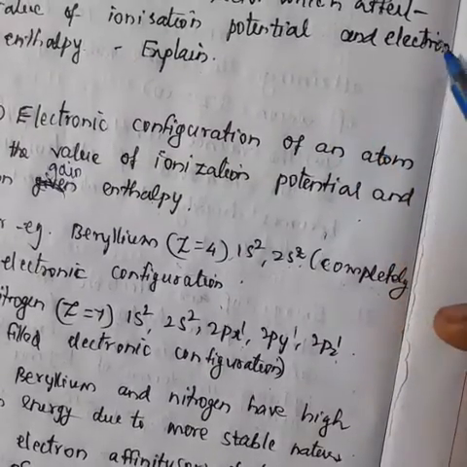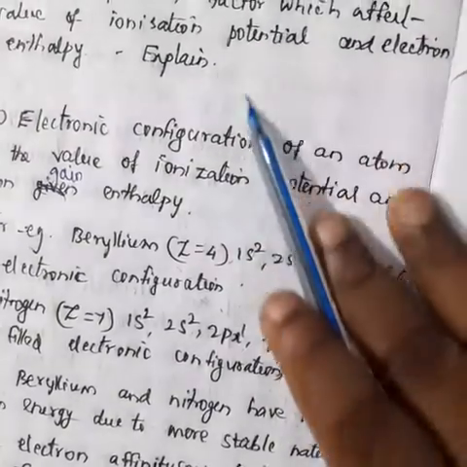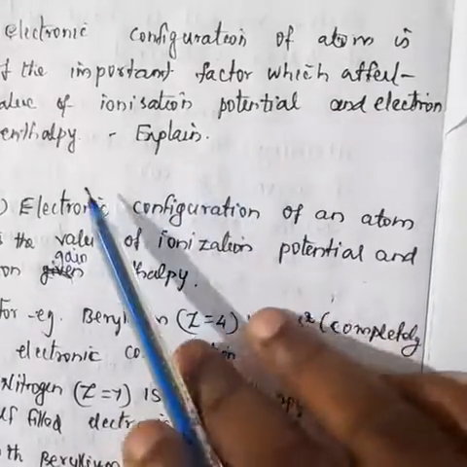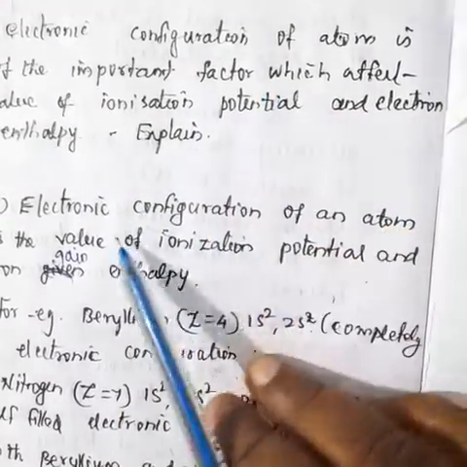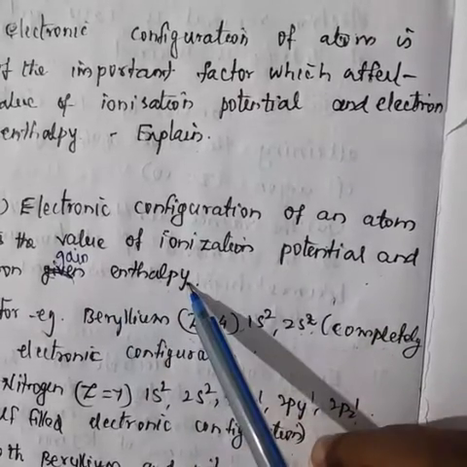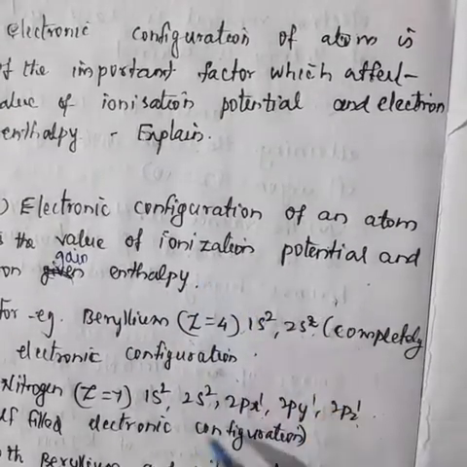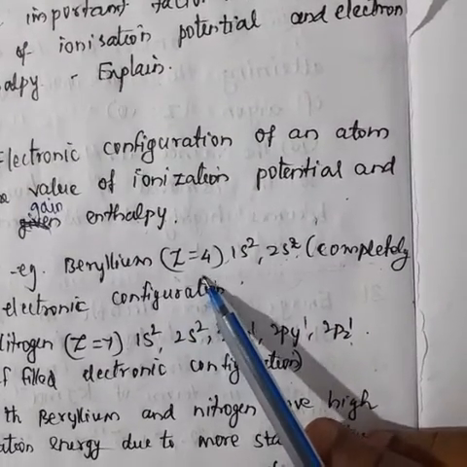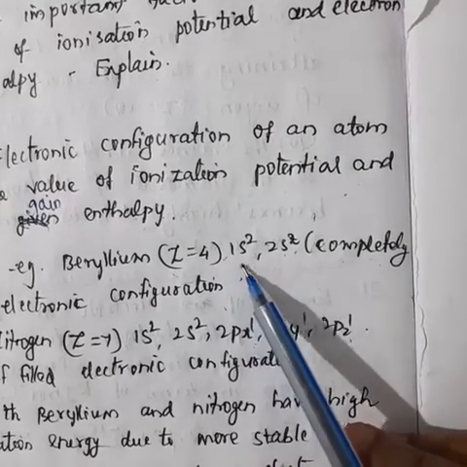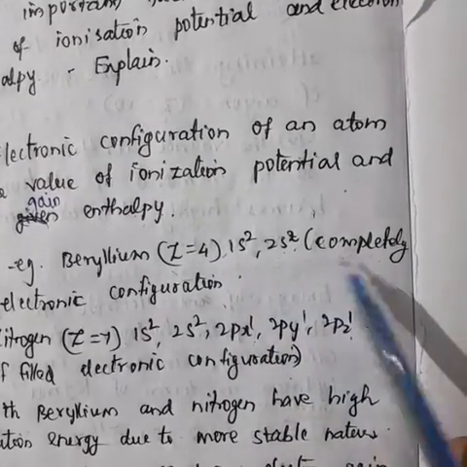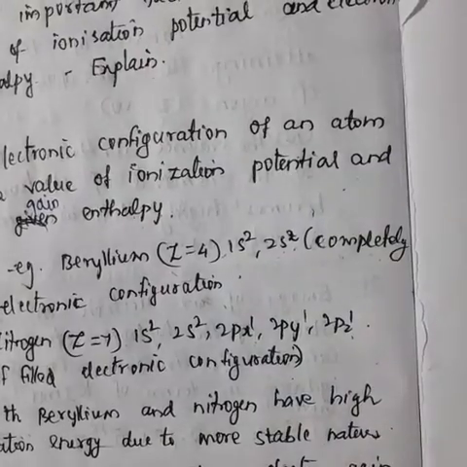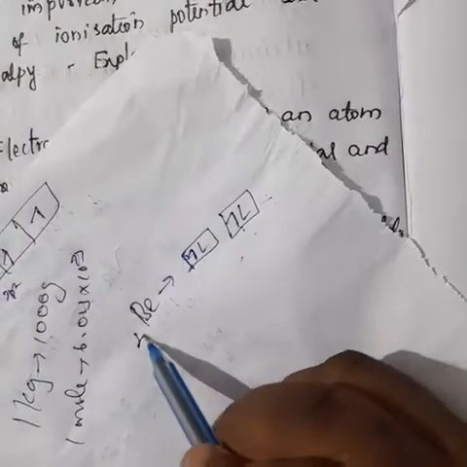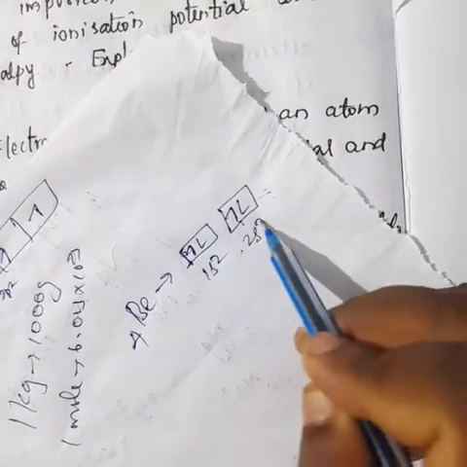The electronic configuration of an atom affects the value of ionization potential and electron gain enthalpy. Why? For example, beryllium, atomic number 4, has configuration 1s2 2s2, a completely filled, stable configuration. So if we remove the outermost electron of the beryllium atom, we should give more energy to remove it.